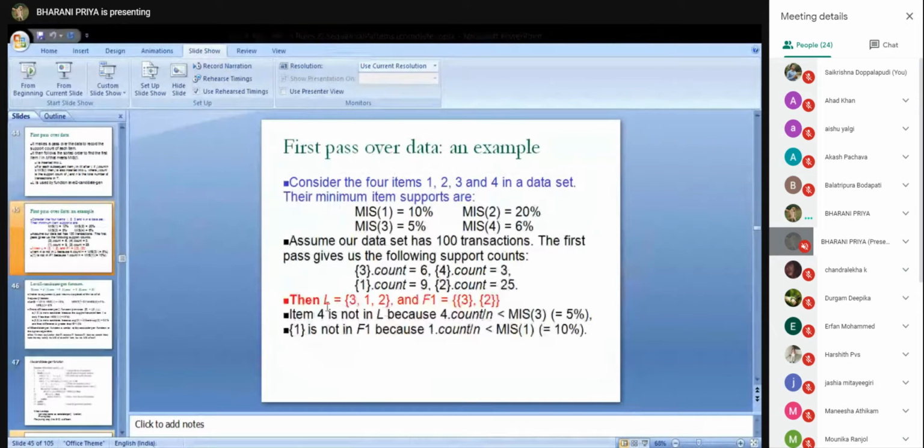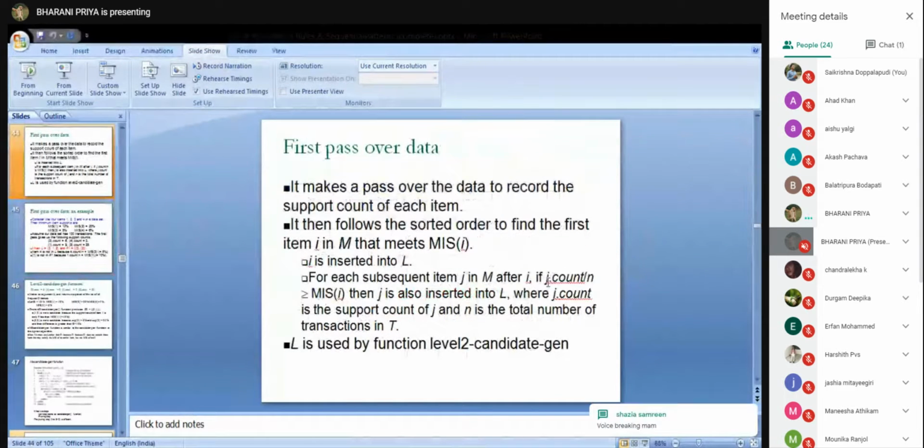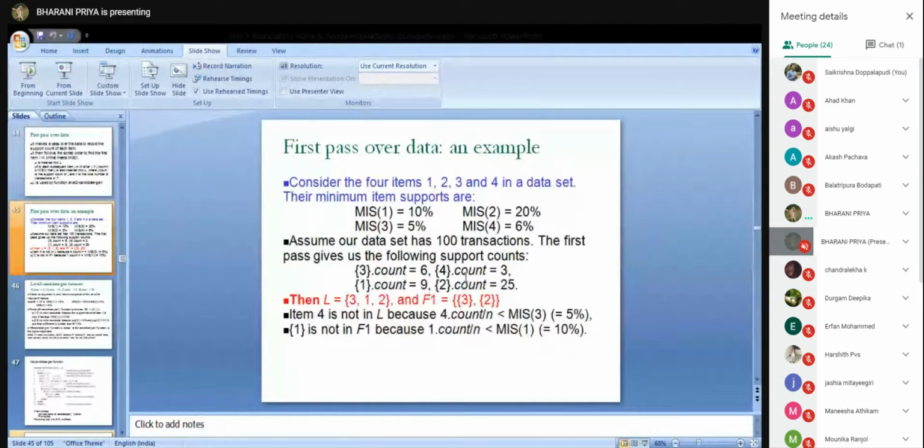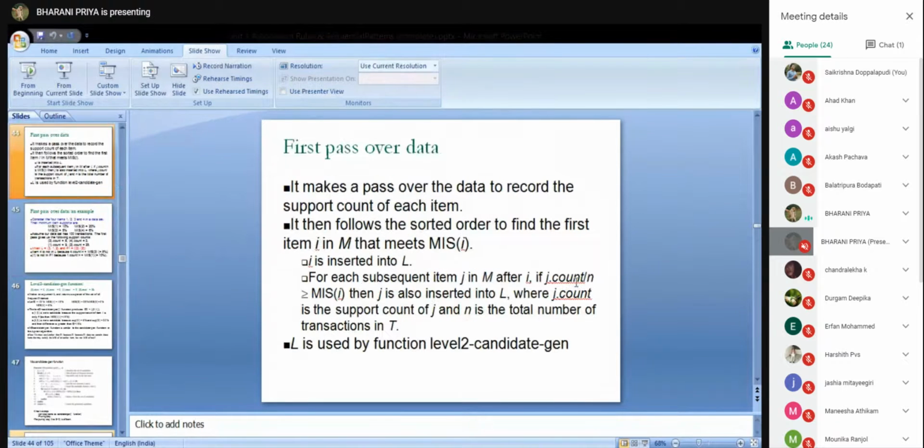To insert the value into L, the rule is j's support count should be greater than the MIS value of i.